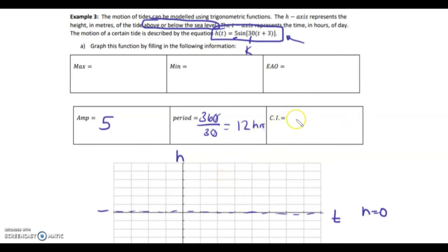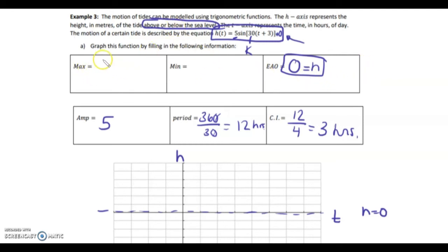The critical interval is going to be the 12 hours divided by 4, so every 3 hours there's going to be a point plotted on our graph. The equation of axis is at the end, so it's plus 0, which makes sense. So we can say h equals 0, which makes sense because sea level is like our reference point.